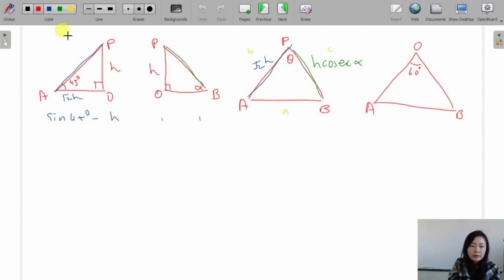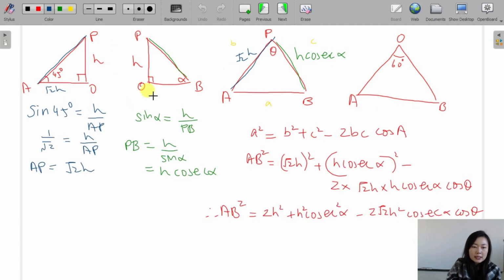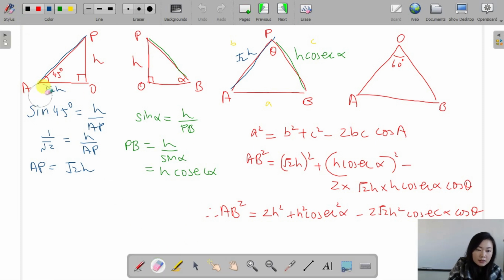Okay, so if we're going to look at the bottom triangle, just realize that's not in the right place. One sec. Sorry, I just realized I put that into the wrong place.